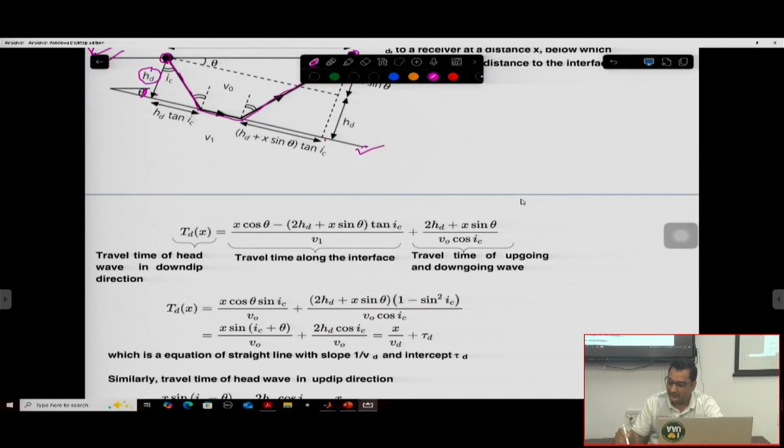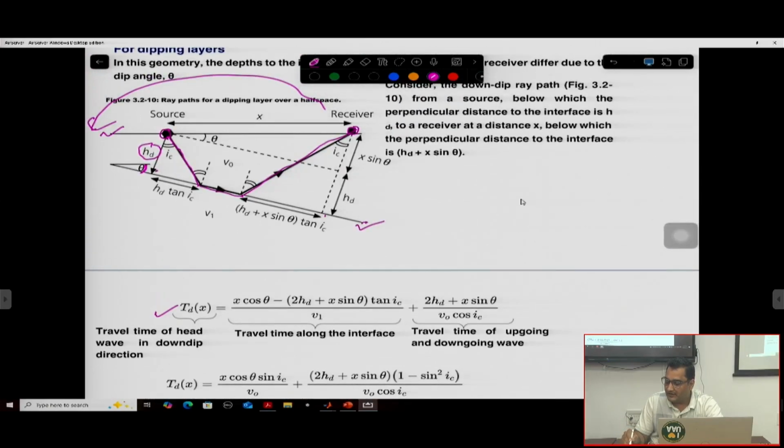So this is the travel time of the head wave in the down dip direction. That will be the travel time along the interface plus the travel time of this particular part and this particular part, summed together to give the total travel time.